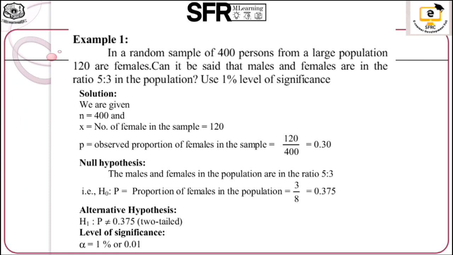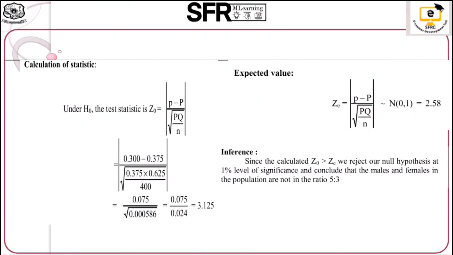Here the given alpha value is 1%, that is 0.01. Using the given values in the calculation, we find the value of Z0, and we get the value of ZC equal to 2.58. So the final conclusion: here Z0 is greater than ZC, so we reject the null hypothesis, that is the male and female population are not in the ratio 5:3.